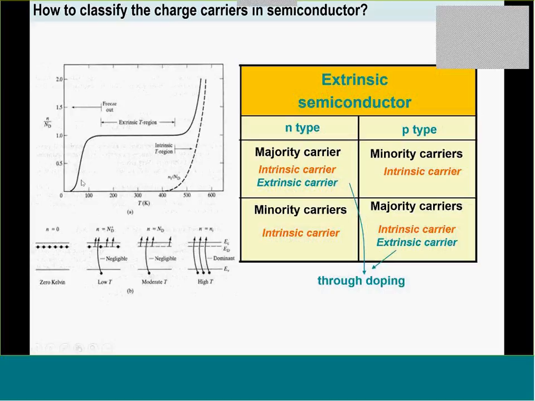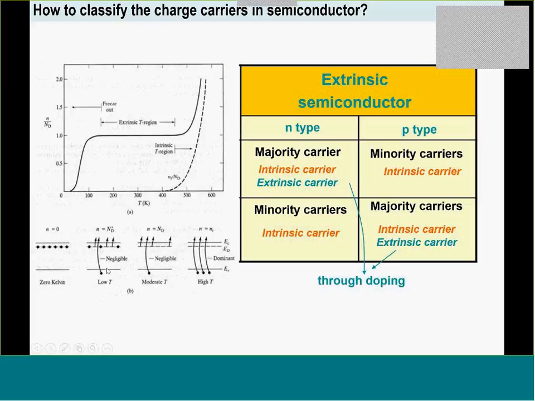This is the ratio of the charge carriers, and the x-axis is the temperature in Kelvin. If you look at 0 Kelvin, most of the dopant, the extrinsic carriers, let's say this is for n-type silicon, most of the electrons are at the donor level.